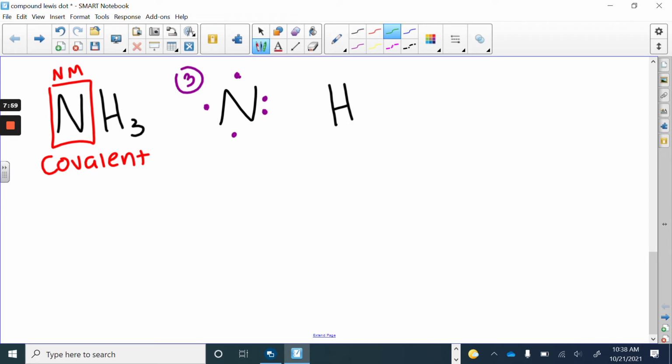Hydrogen, again, has 1 valence electron, so there is its 1. We have 1 electron that is not bound to anything, so hydrogen will form 1 bond. Now we need to decide which element is going to go in the middle of our compound. The one that goes in the middle, again, is the one that will form the most bonds. Nitrogen will form 3. Hydrogen will form 1. So that means nitrogen is going to go in the middle.